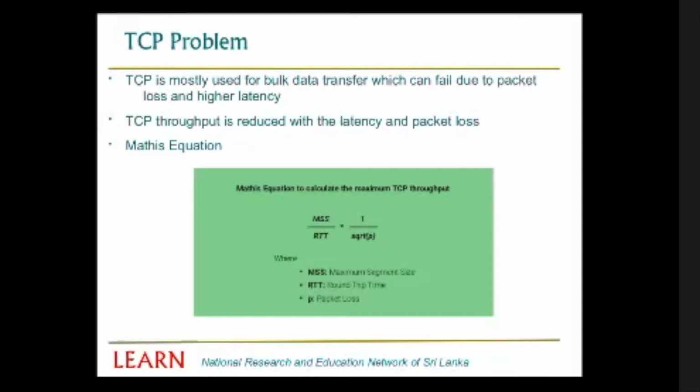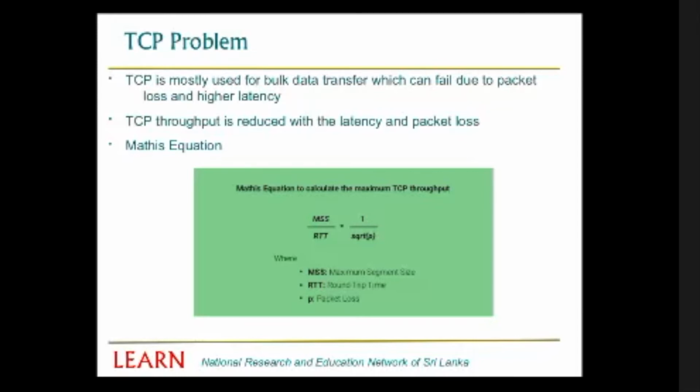And then the RTT. RTT and packet loss inversely affect this throughput. As you can see, when RTT is incremented, throughput will be reduced according to the equation.